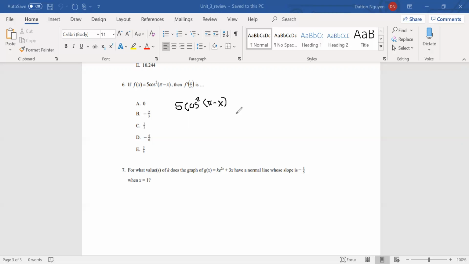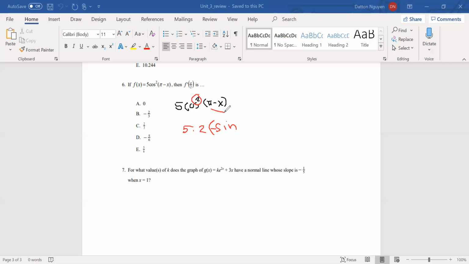Remember this thing is squared, so I take the derivative of cosine squared first, and the 2 comes down. Then I take the derivative of cosine, so it's negative sine, but you leave the inside alone.